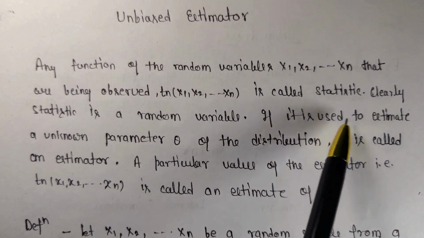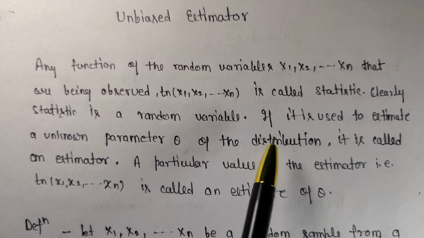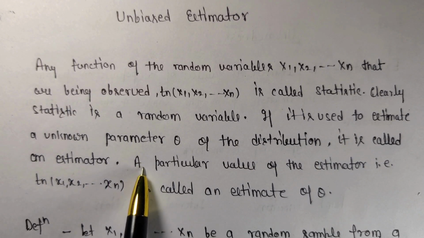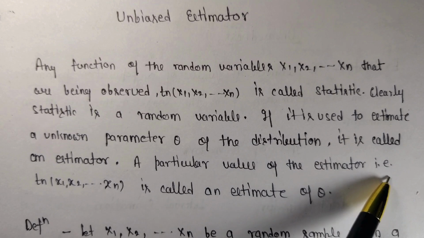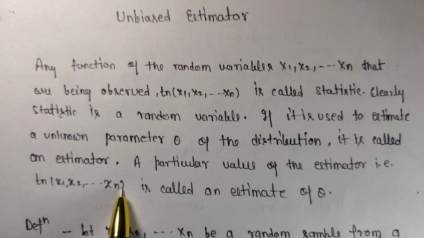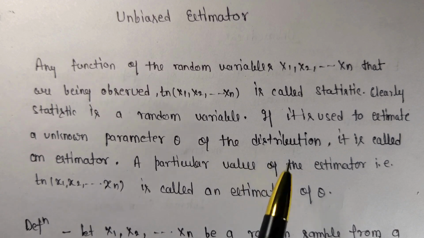So if it is used to estimate an unknown parameter theta of the distribution, it is called an estimator. A particular value of the estimator, that is t of small x1, small x2 up to small xn, is called an estimate of theta. Okay, so this is the basic concept.